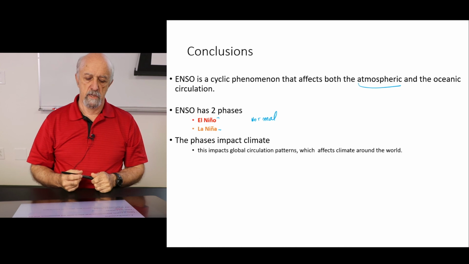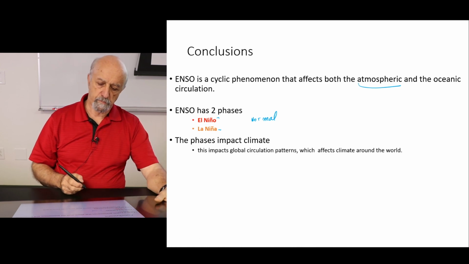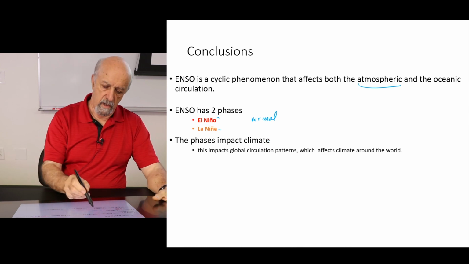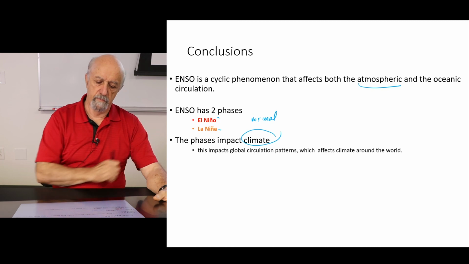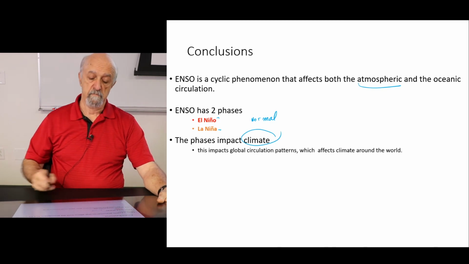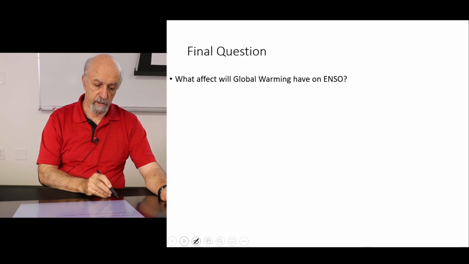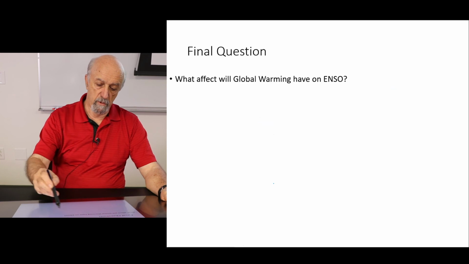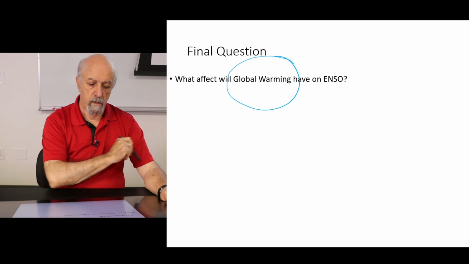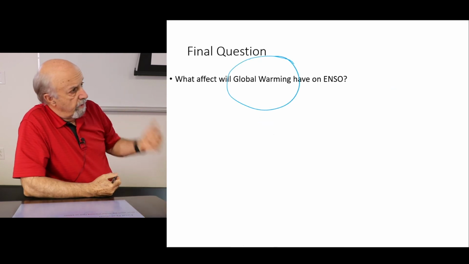So now, the other thing we know is these are affecting the climate very much in the whole world, and particularly in the Pacific area more than anything. Now, what's going to happen when we have global warming in the situation?